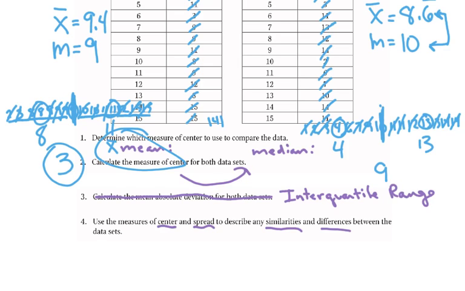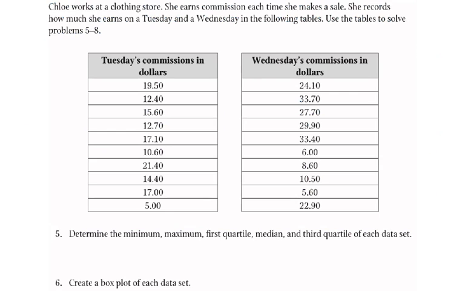Also, its spread has a lower variability, whereas class 2 has a higher variability, much more spread out. But they both have pretty similar medians and are pretty close on the mean. So, yeah, there we go on those first 4.